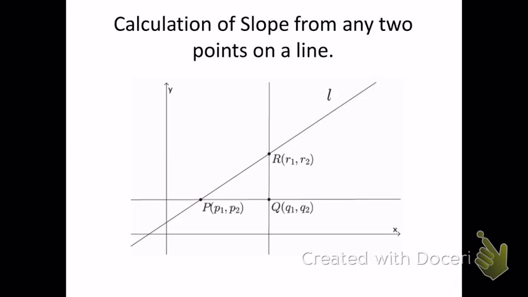And so that's what we're going to look at right now. So if I have this situation here, I have the coordinates of P and R, and those are the 2 points that I want to find the slope between. And I also have the coordinates of Q, which shows me this vertical distance and horizontal distance here.